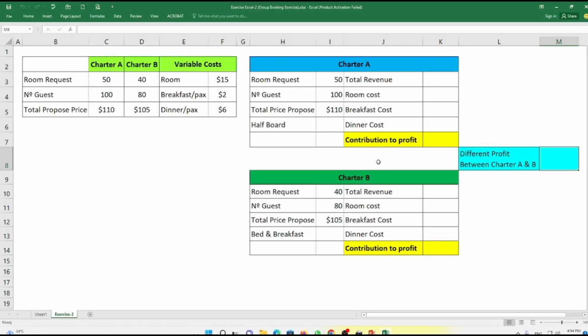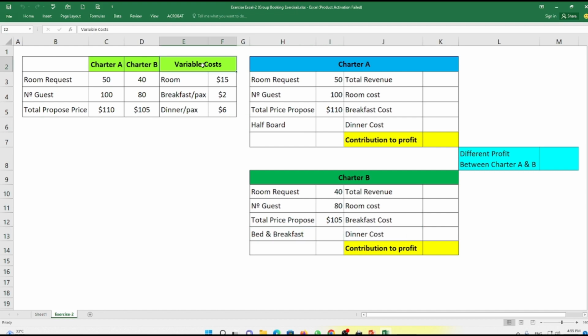If you see here, this is charter A and charter B. Charter A requests 50 rooms with 100 guests at the rate of 110, half board, that means they choose dinner. Charter B, 40 rooms, 80 guests at the rate of 105, but bed and breakfast, no dinner.